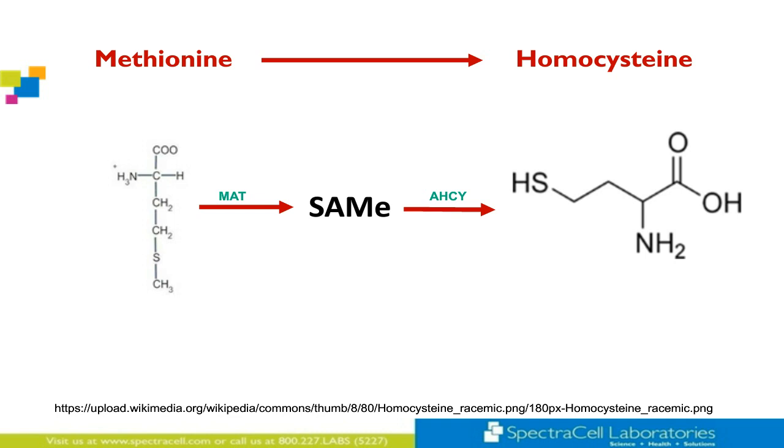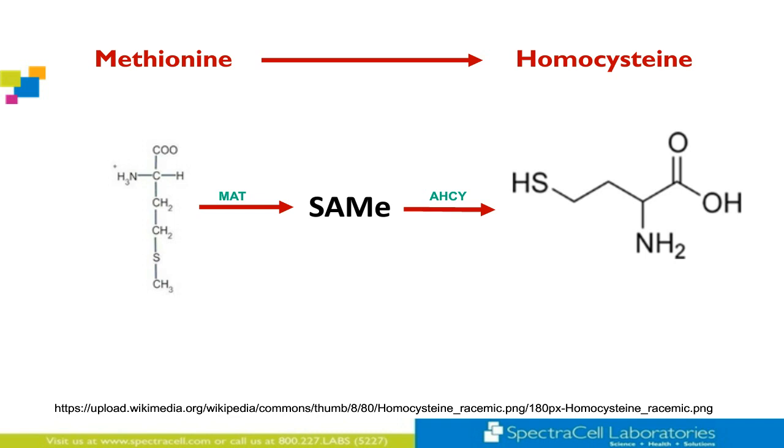SAMe is S-adenosyl methionine, and then SAMe is further metabolized with the AHCY or adenosylhomocysteinase enzyme in order to make homocysteine. So it's a rather simple, straightforward process if everything works smoothly and correctly, methionine leading to homocysteine.